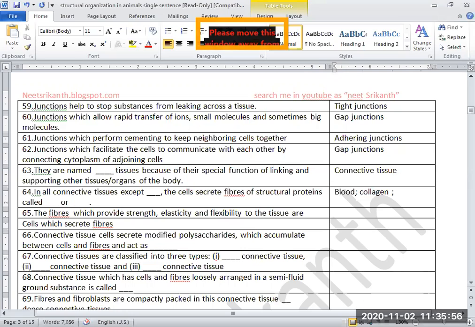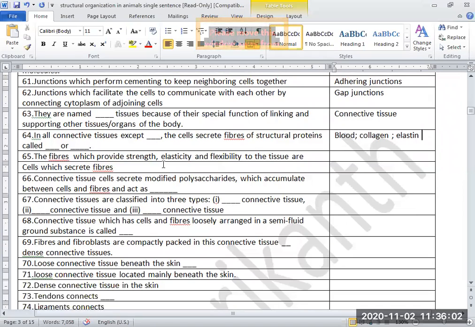Collagen fiber and elastin fiber. The fibers which provide strength, elasticity, and flexibility to the tissue are collagen and elastin fibers, as commonly asked.